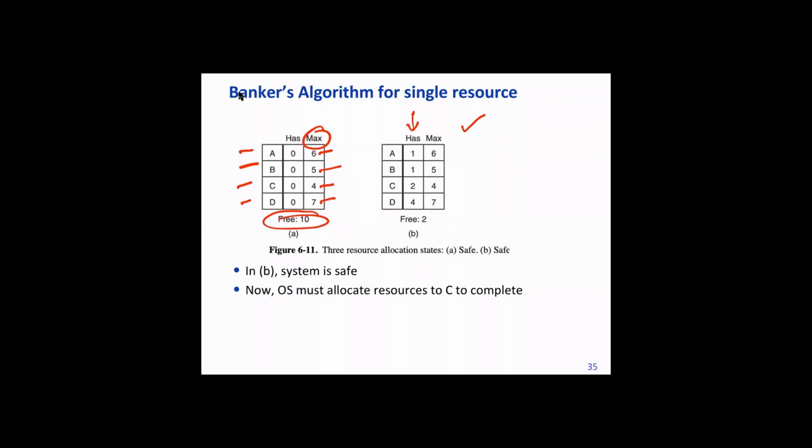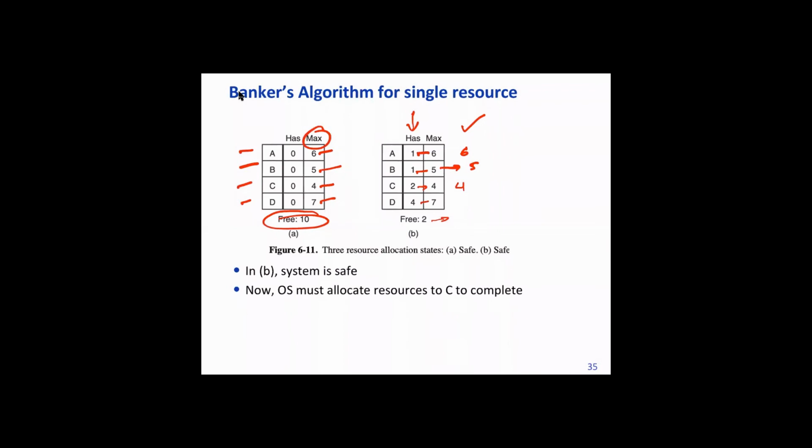Because, for example, 2 resources are available here, it can give them to C, and then 4 will be available, it can give them to B. So 5 resources will be available and then it can give them to A, then 6 resources will be available and then it can give them to this one.